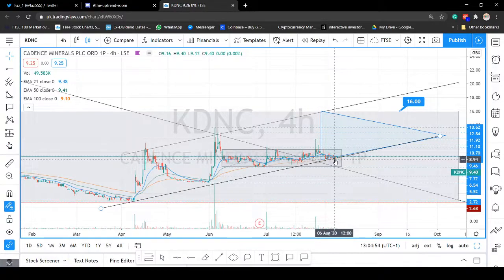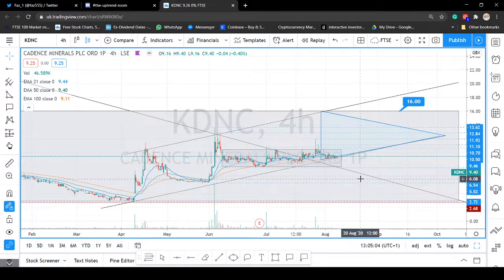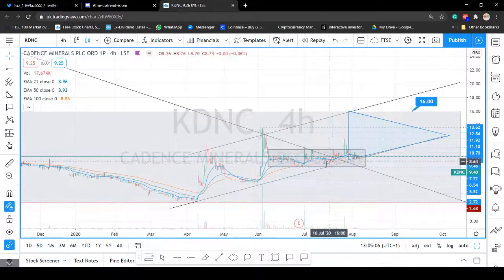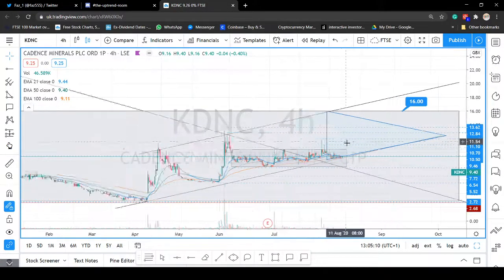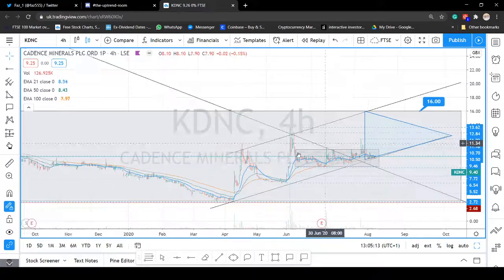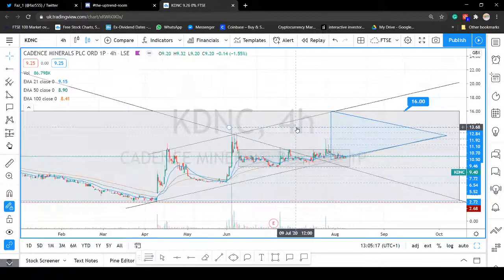The real test of KDNC will be 16p, as we can see here. But at the minute, it closed at 9.4 on Friday, so there's a long way, there's a lot of work ahead. There's various levels of resistance above, but if the buyers are now in control and KDNC has changed its market state after 6 years, there's a reason for this.